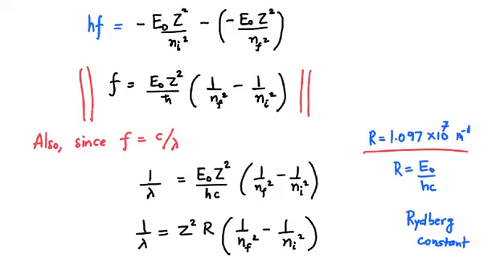An important point to note is that I'm not calculating this for hydrogen only. I'm writing this general equation, and whenever you have to calculate it for a hydrogen atom, simply substitute capital Z equals 1 in these equations. So I get an equation for the frequency of electromagnetic radiation. Now I can also calculate the wavelength of such radiation.